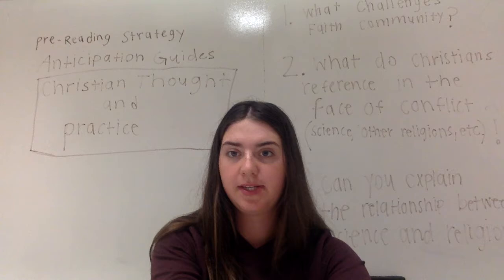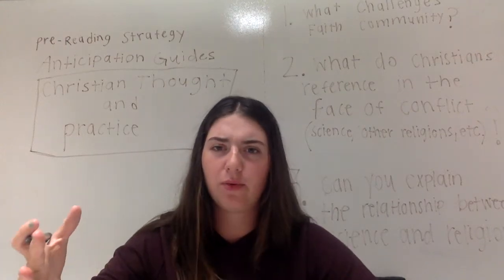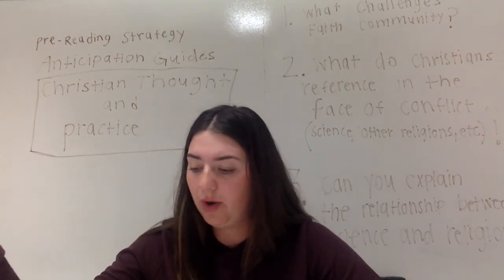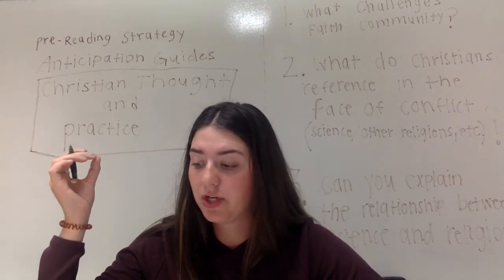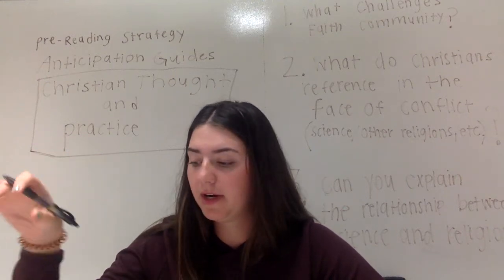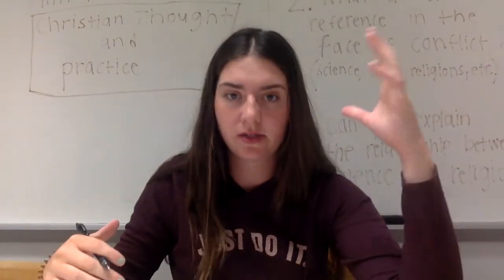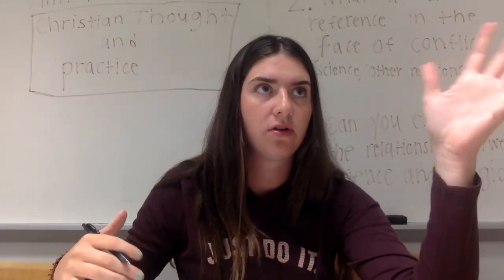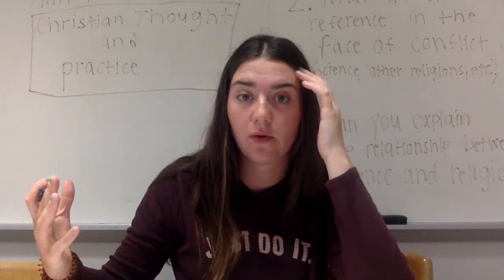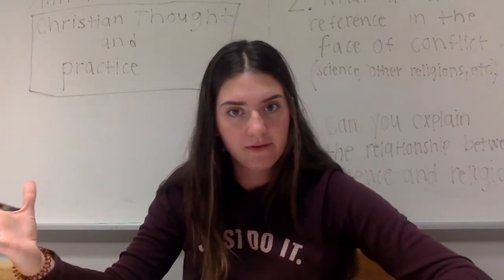Now, when you create an anticipation guide, how do you know what exactly you're going to be putting in it? Well, you're going to be identifying the major concepts, vocabulary, and ideas presented in the reading that will allow you to direct students to where they're exactly going in the reading and what you aim to discuss after the reading.